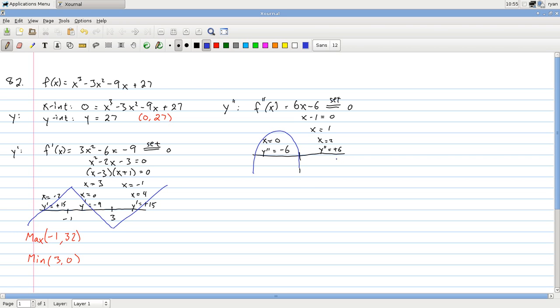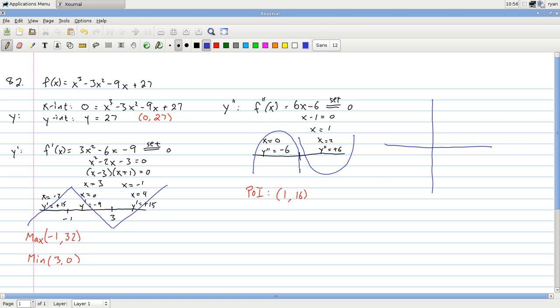Over here, our second derivative is positive, so we know the function is concave up. And since it changes concavity at x equals 1, we know that this is an inflection point. So we have a point of inflection at x equals 1, and if the x value is 1, our y value is 16. So now we have enough information to make a sketch of this function.